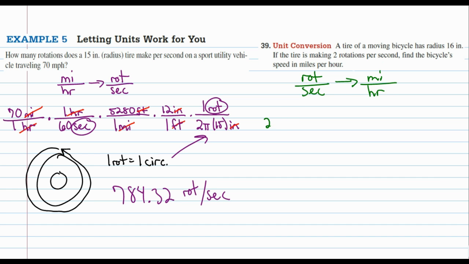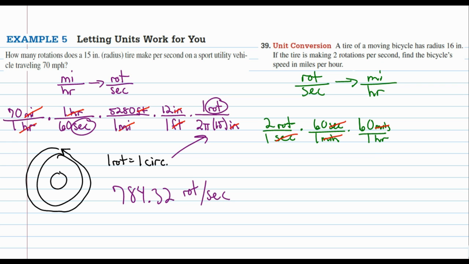We're doing 2 rotations per 1 second at first. Let's change seconds to hours. I know 60 seconds is 1 minute, and 60 minutes is 1 hour. So now my minutes cancel, my seconds cancel, and I'm in rotations per hour.